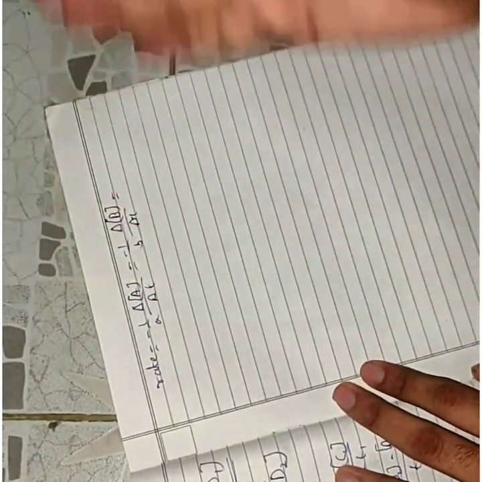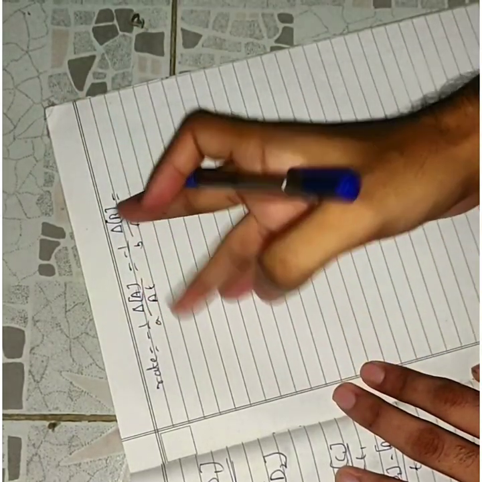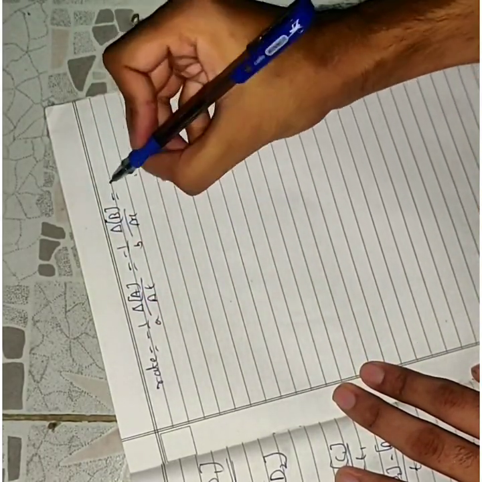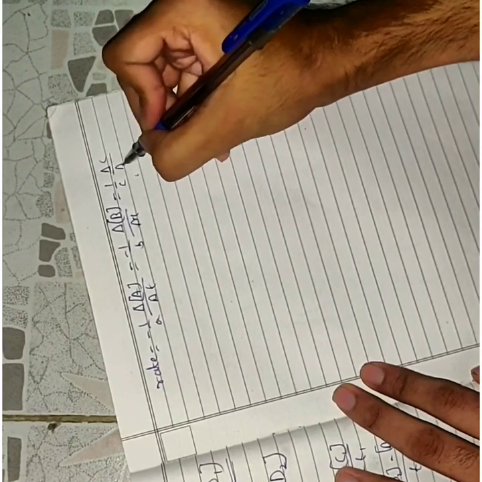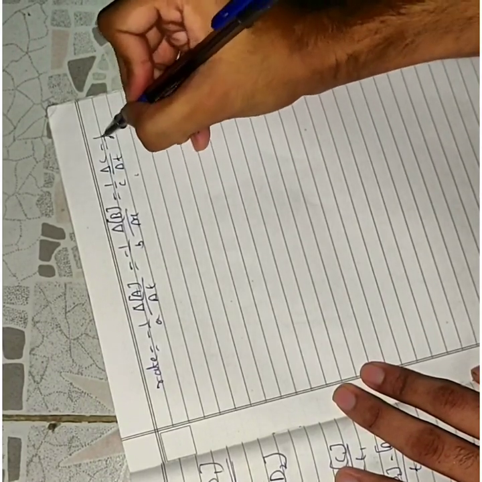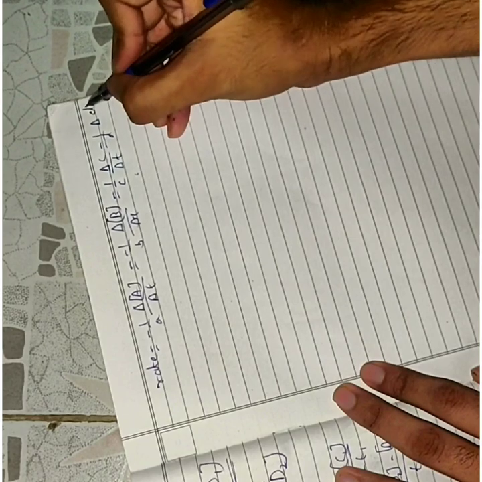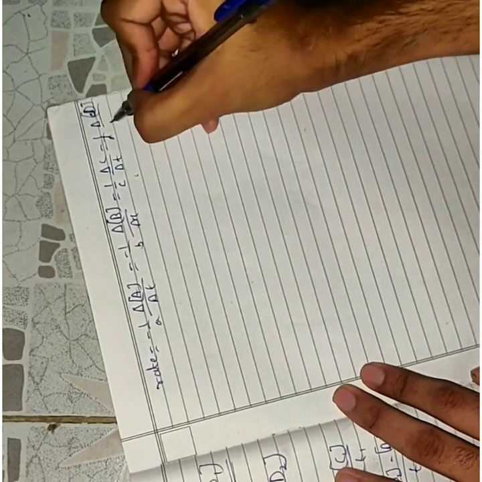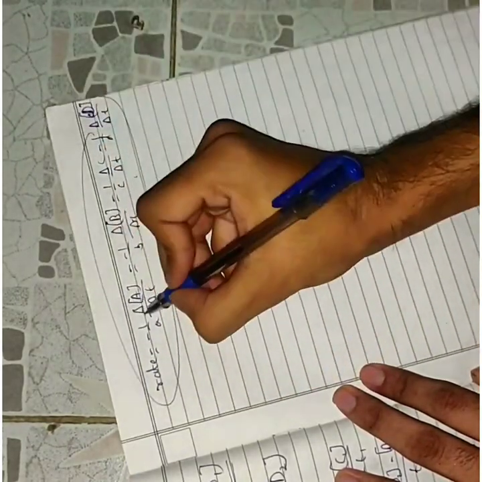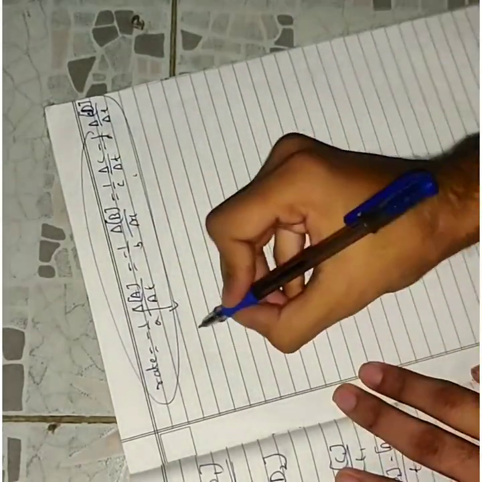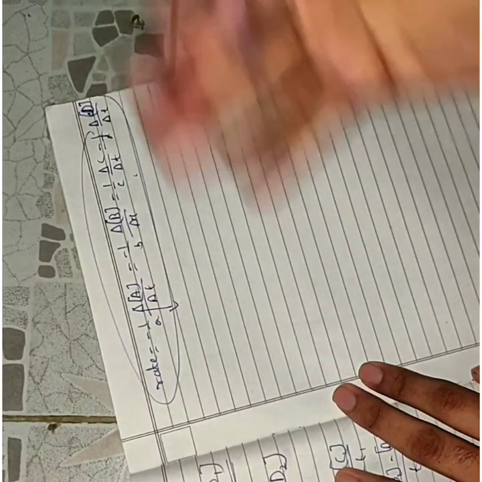For the product, the concentration increases, that means C2 will be greater than C1, hence C2 minus C1 will be positive, hence it is 1 upon C delta C by delta T, and 1 upon D delta D by delta T. Okay, now if I am representing this equation by delta, that means the time interval is more.